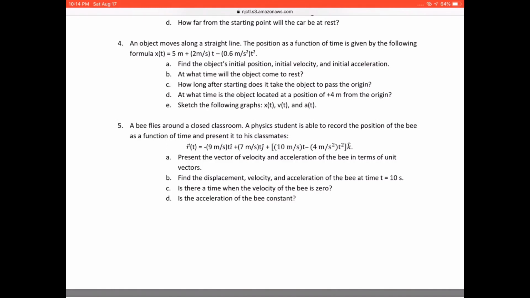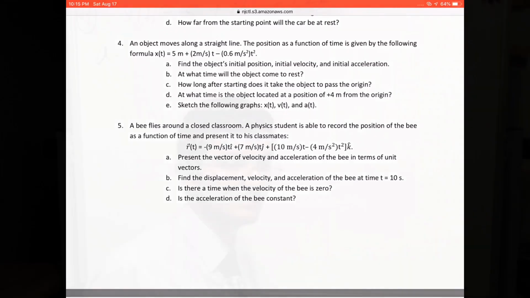B. At what time will the object come to rest? C. How long after the starting point does it take the object to pass the origin? D. At what time is the object located at a position of plus 4 meters from the origin? E. Sketch the following graphs: x of t, v of t, and a of t.